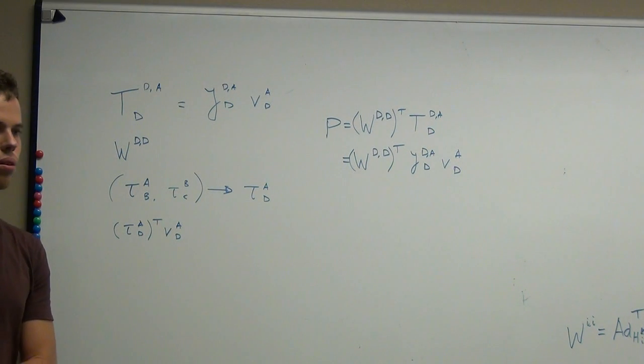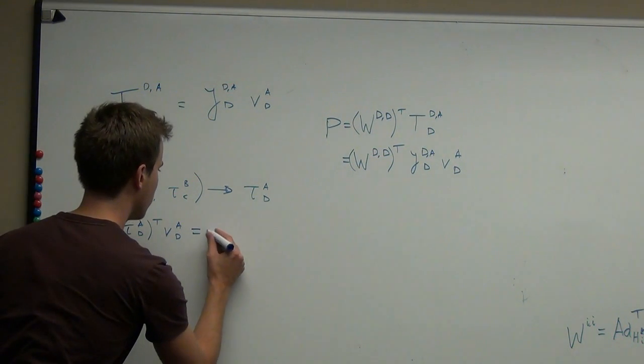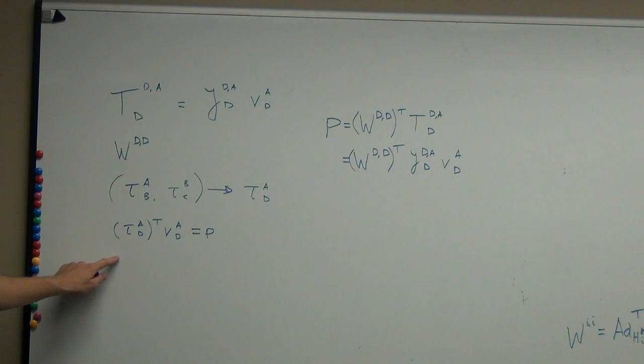You take a torque, you multiply it by its associated velocity, and you sum all of that up, and that's the power exerted by all of the actuators. Equals P. So now we have a second equation for the power.